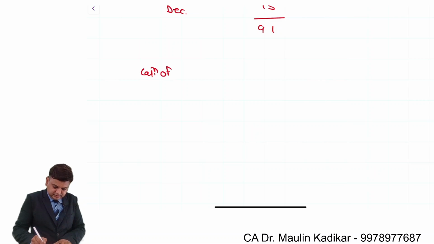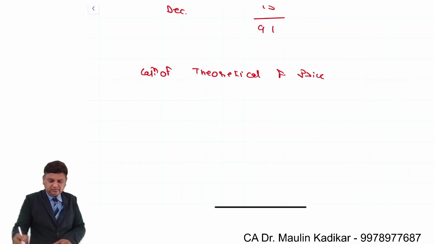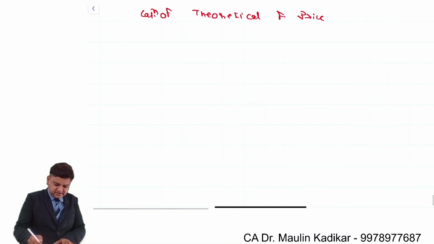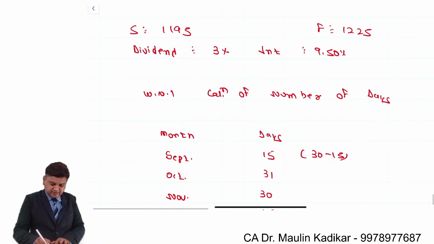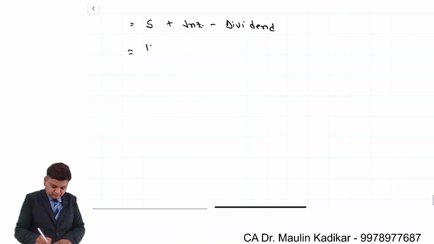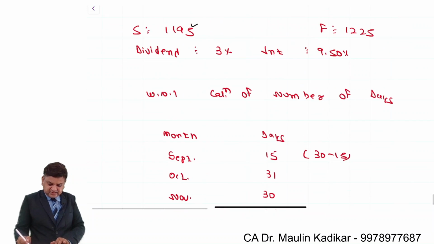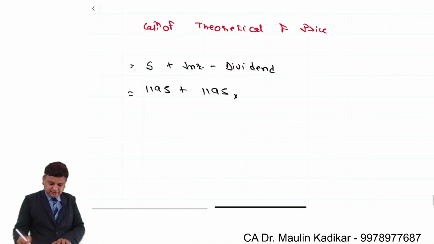Calculation of theoretical futures price. It will be calculated as spot plus interest minus dividend. So what is the spot price, friends? 1195, plus 1195 into what is the rate of interest? 9.5%.